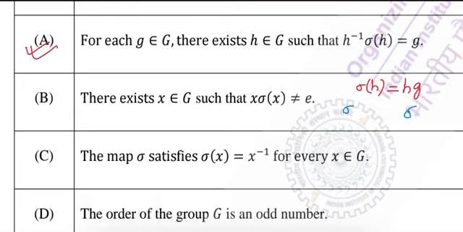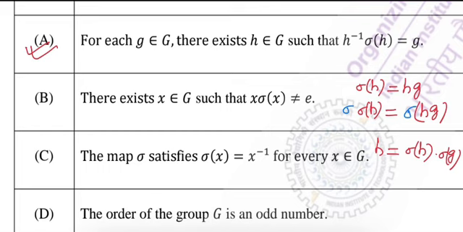According to the second condition given in the question, the next step is h, and due to homomorphism this will be sigma h into sigma g.